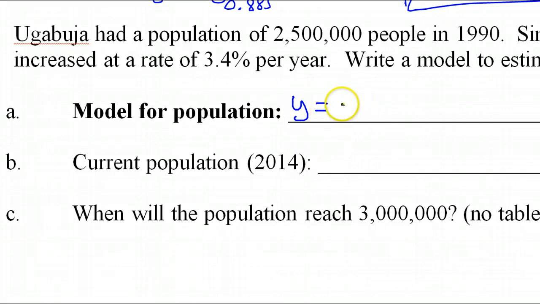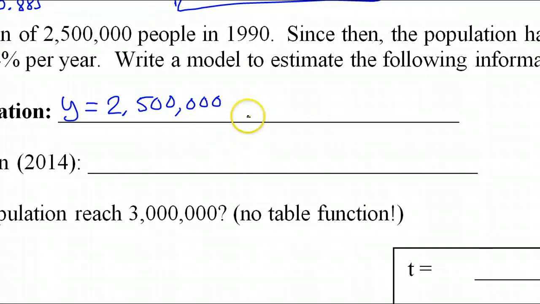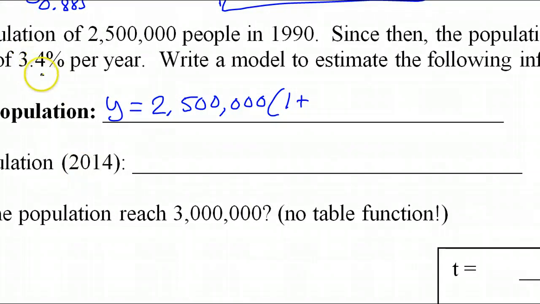So we will write y equals 2,500,000 times 1 plus the rate. Now that rate is 3.4%. So if you move the decimal point twice, that is 0.034. So it's 1 plus 0.034.